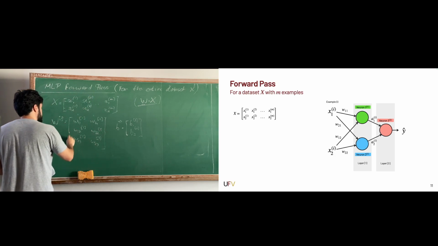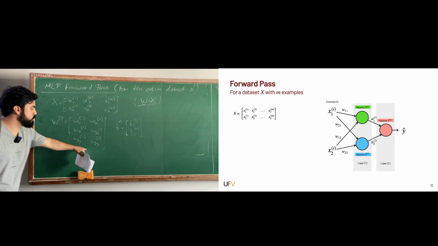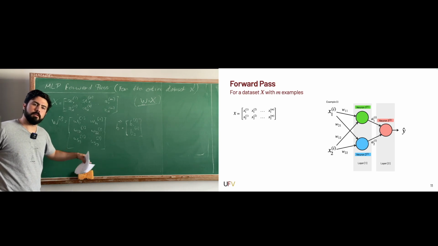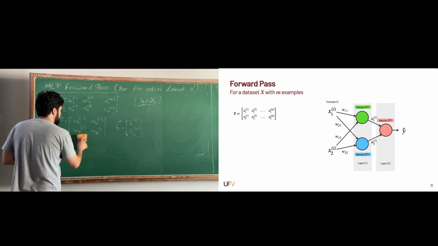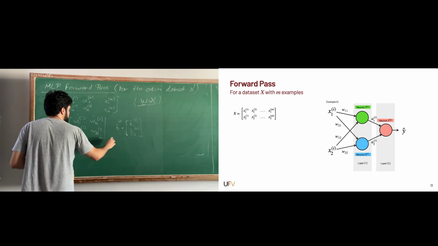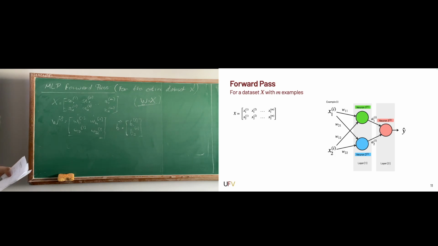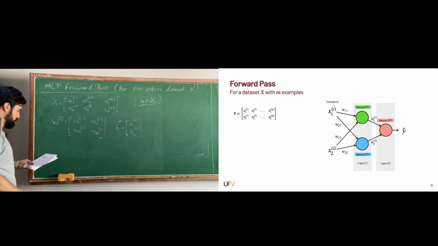Just to be clear, I could have as many neurons as I want. I just want to keep it simple because we can do this by hand, and then later on we can just deal with matrix notation. But it's important to do this once.